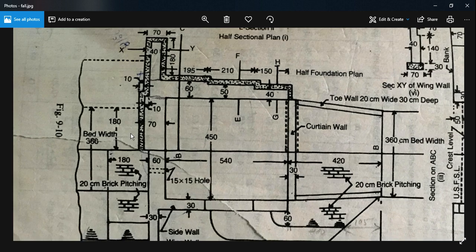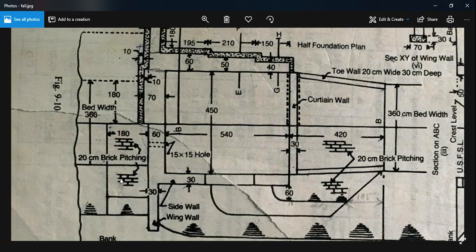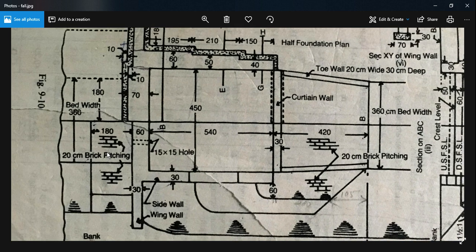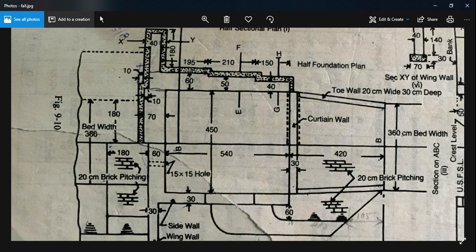From here to here it's horizontal brick pitching, and this is the sloping portion. As we can see, from here it comes all the way to here. So this is the sloping portion and this is the horizontal brick pitching. We have this portion on both sides, from here and here.